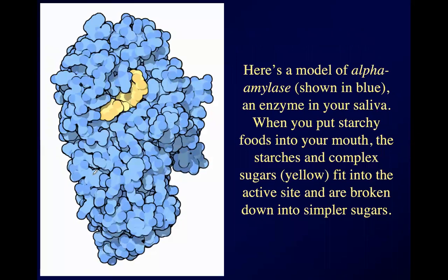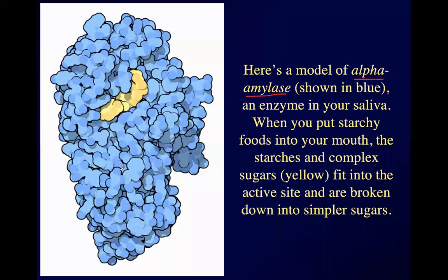This is a model of an enzyme in your saliva. You actually start digesting your food the minute you put it into your mouth, because your saliva is not just water. Your saliva contains enzymes of a type called alpha amylase. And that's what's shown here in blue. This lumpy thing right there is yet another way of making a model of what a protein molecule looks like.